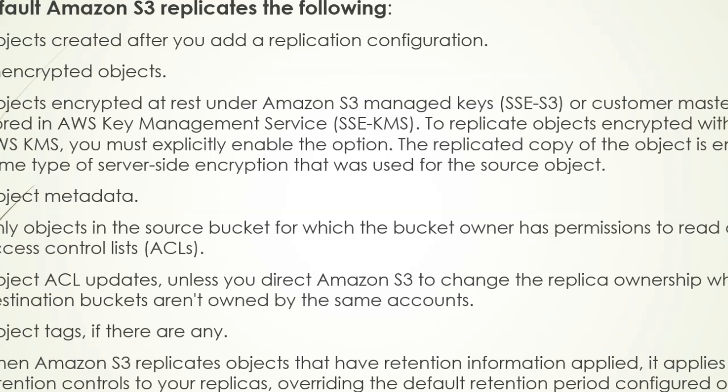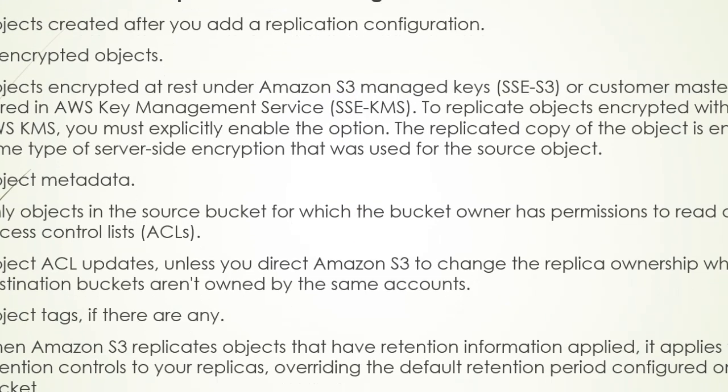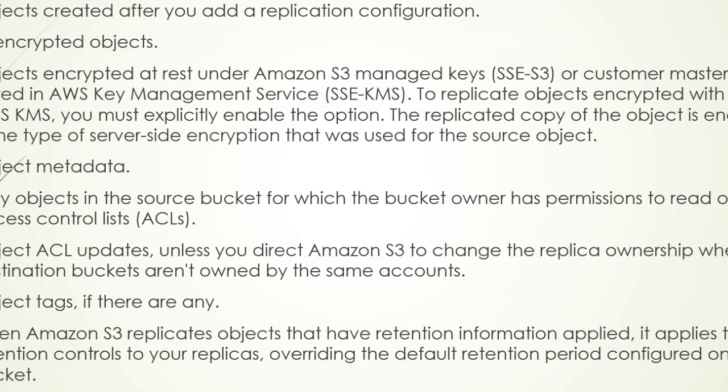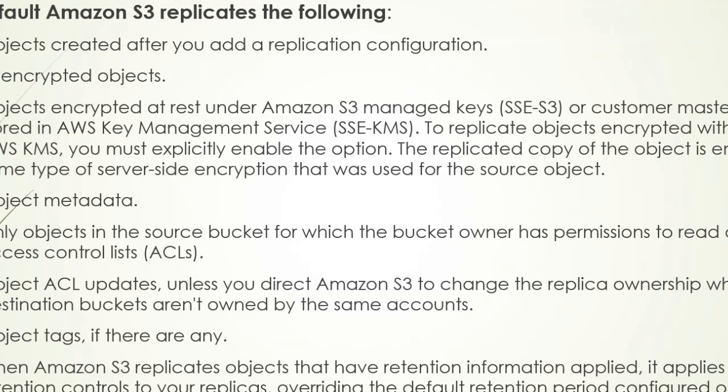So if you don't have retention control applied to the objects in your source bucket and you replicate into a destination bucket that has a default retention period set, the destination bucket's default retention period is applied to your object replicas as well. So that's the reason cross-region replication also came into the picture. You can use cross-region replication to replicate your data from one bucket to another bucket.